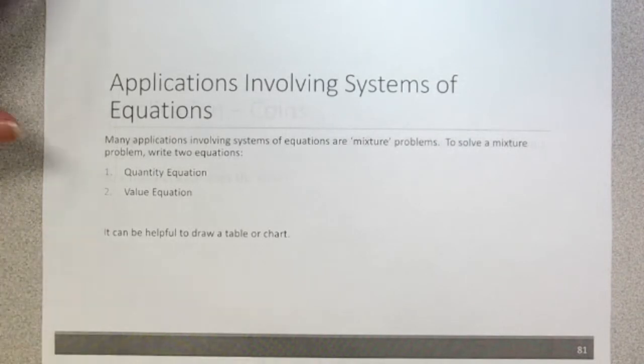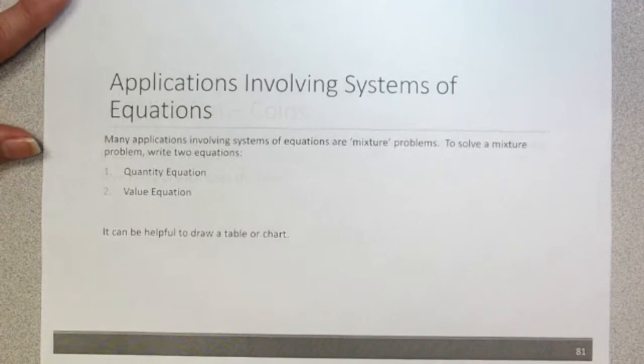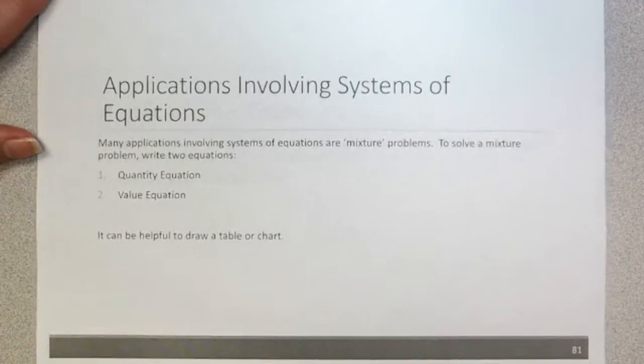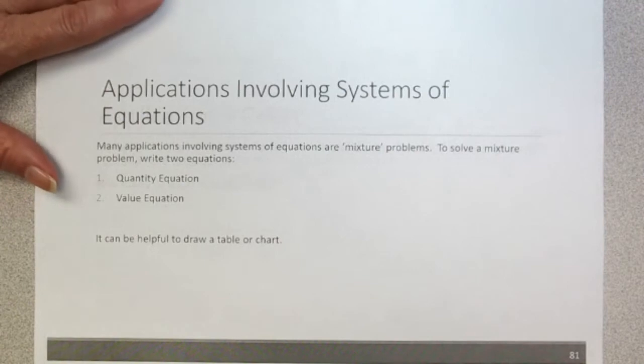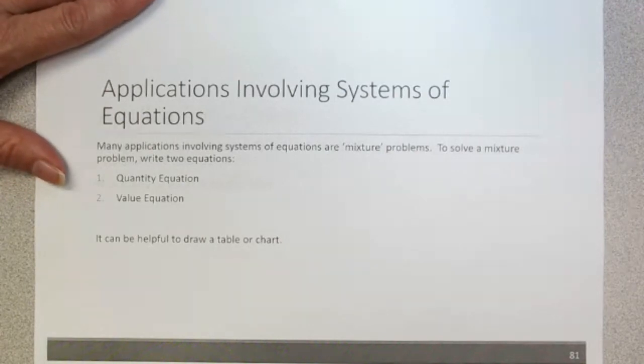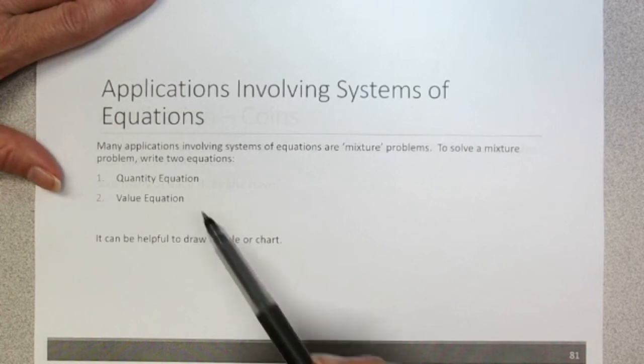Applying these concepts, or using systems of equations to solve a problem, can be a little bit tricky, but there are some structures that we can use to help us formulate the equations that we need to solve the application.